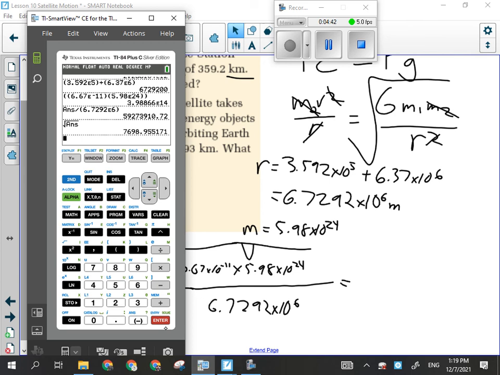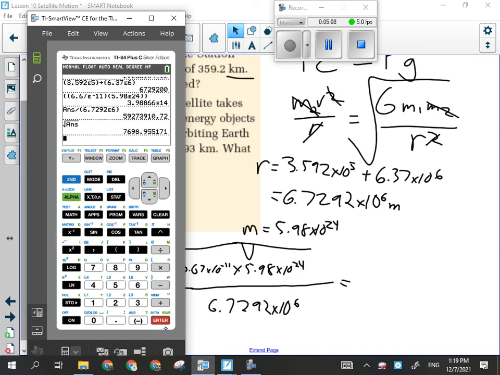All right, so the International Space Station is moving at 7.699 times 10 to the 3 meters per second.